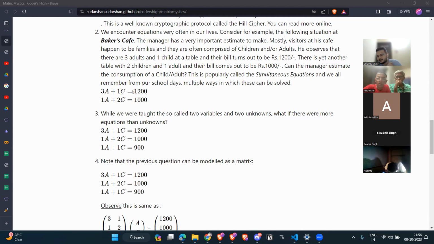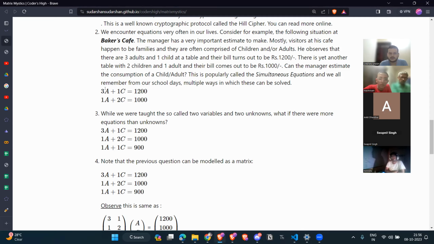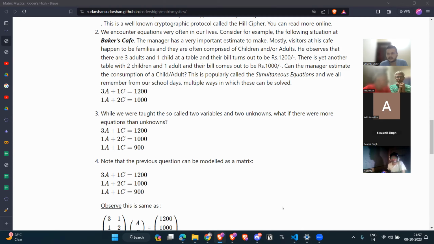You subtract the equations, you substitute the values, and you get some value of a and c. Correct. And we also saw how we can write these equations in the form of matrices. Correct. We saw that.